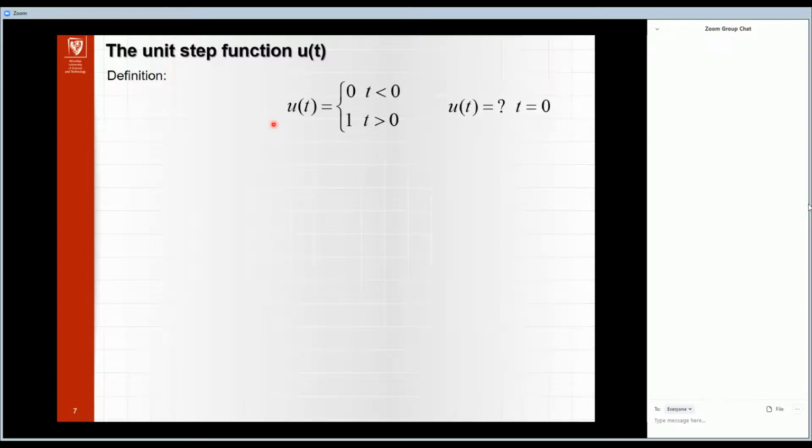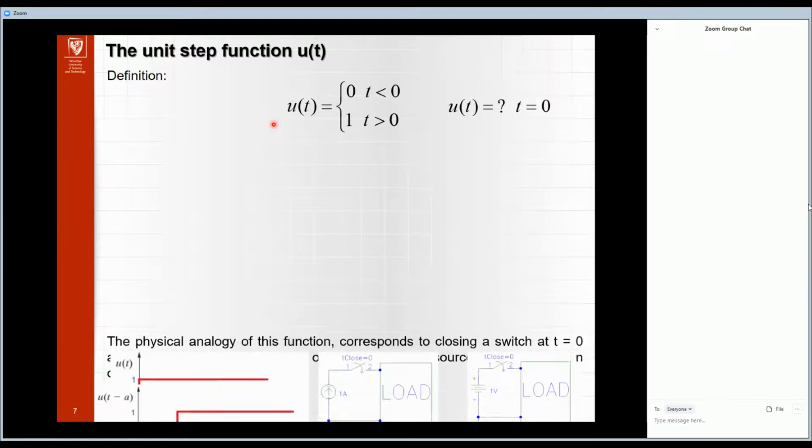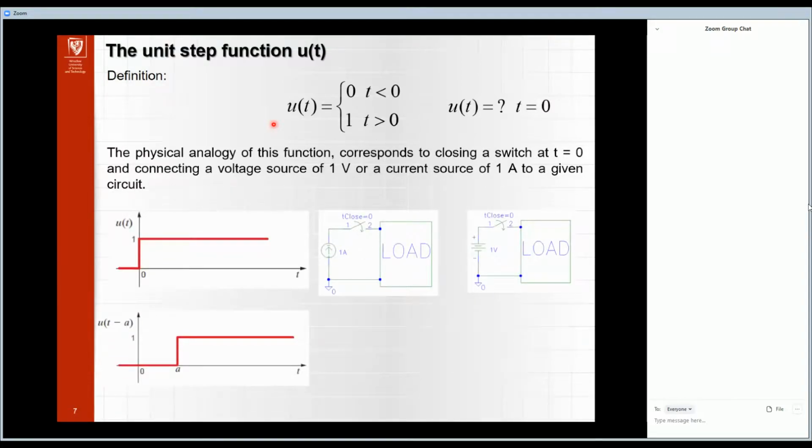Okay, and this is the question: what is the value exactly at time equal to 0? We don't know, but the physical analogy of this function corresponds to closing a switch at time equals 0 and connecting a voltage source of 1 volt or a current source of 1 ampere to a given circuit.